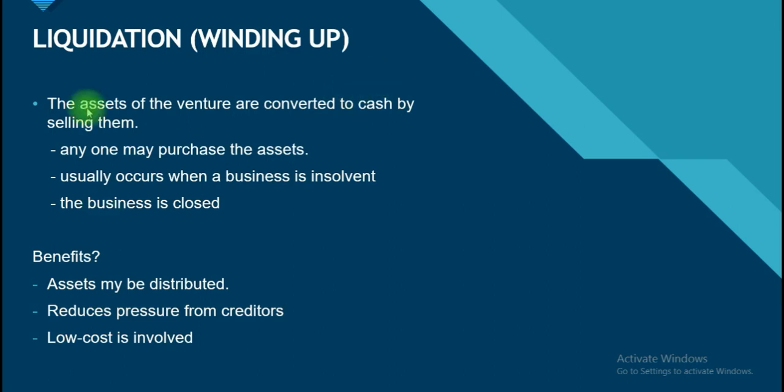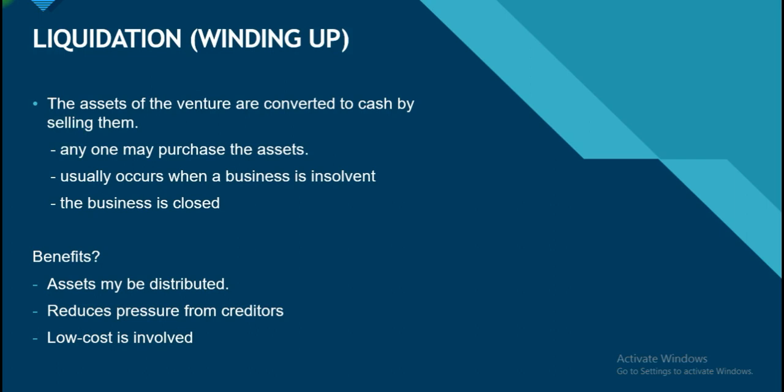So it is also described as winding up. With liquidation, the assets are converted to cash by being sold, and it may be that the assets are sold, or assets may be given to claimants.